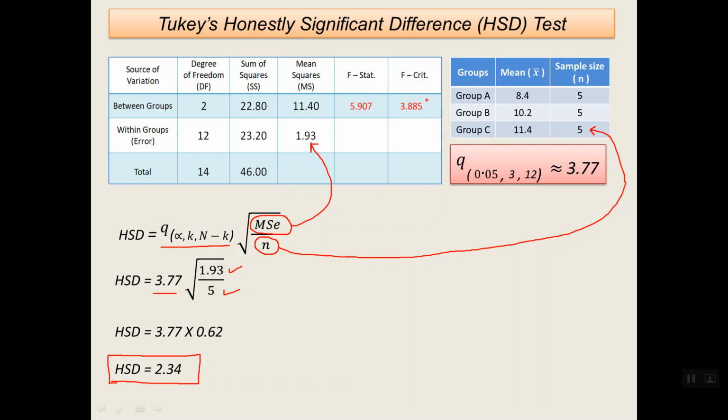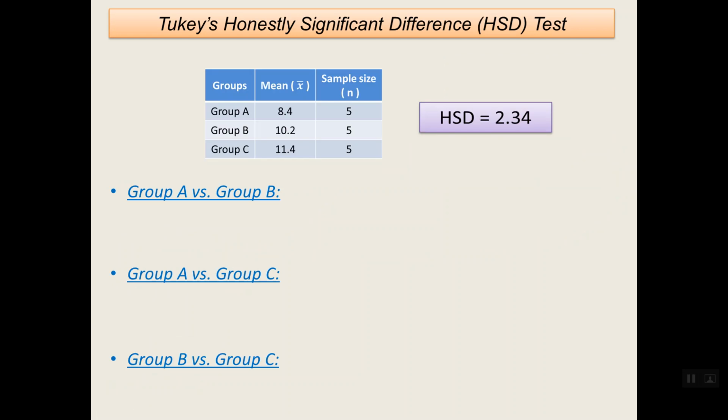Now we can compare the absolute differences between each two means with the value of the HSD. So the value of HSD is equal to 2.34.